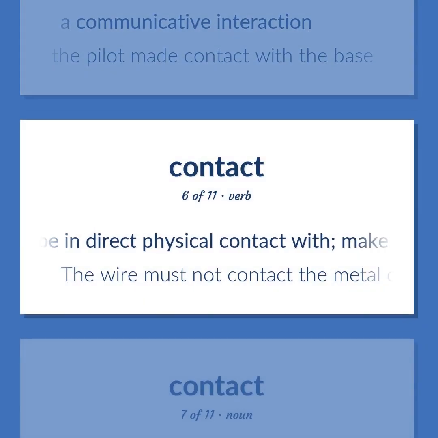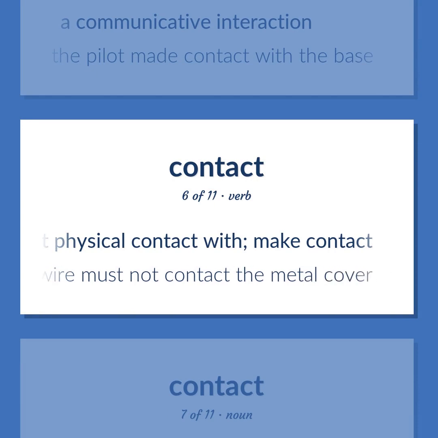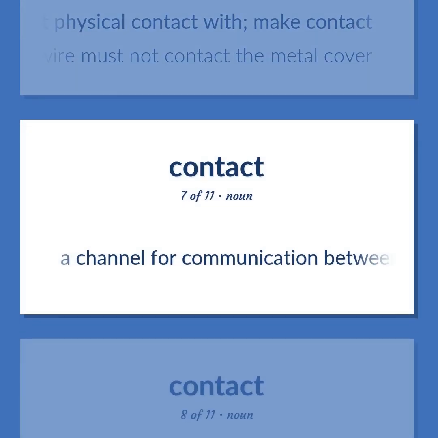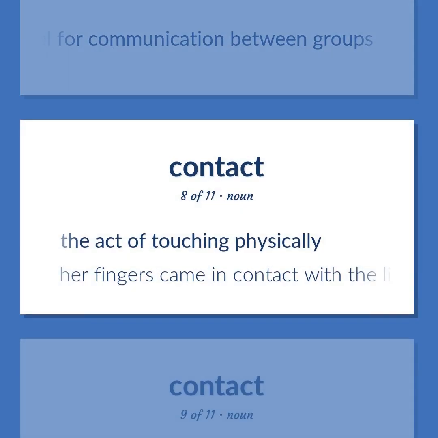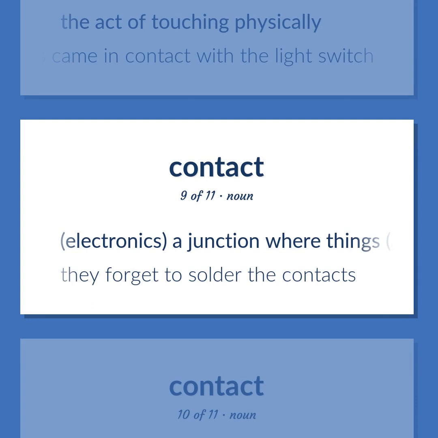Be in direct physical contact with. Make contact. The wire must not contact the metal cover. A channel for communication between groups. The act of touching physically. Her fingers came in contact with the light switch. Electronics.